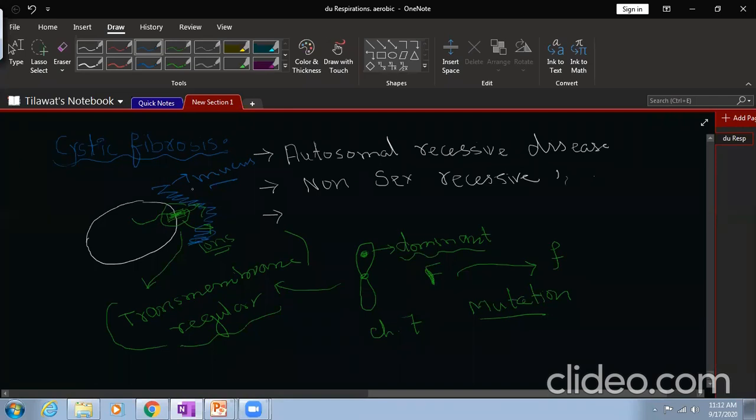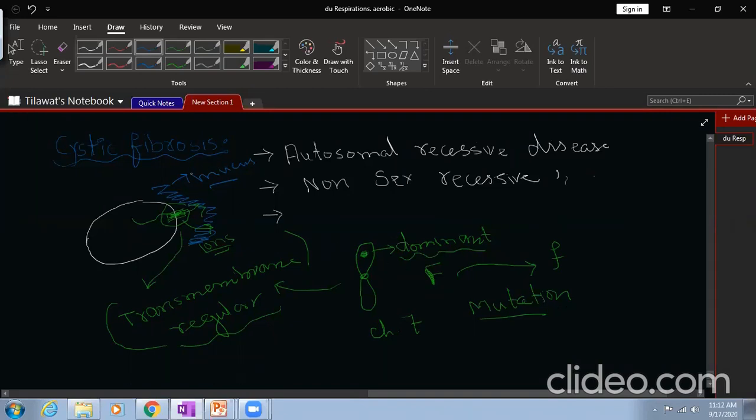So that duct can block, kidney, bronchioles, etc. can block, right? So this person then has problems in breathing, and it can disturb your digestive system, right? This can also disturb the reproductive system, right? The reproductive duct can also block, okay, if this cystic fibrosis happens.